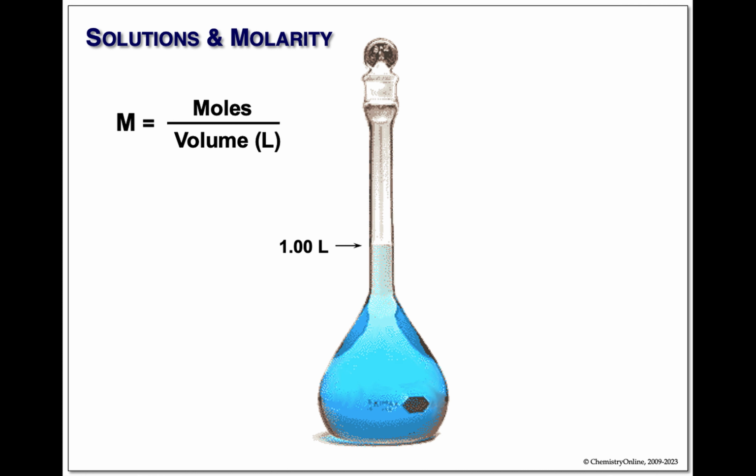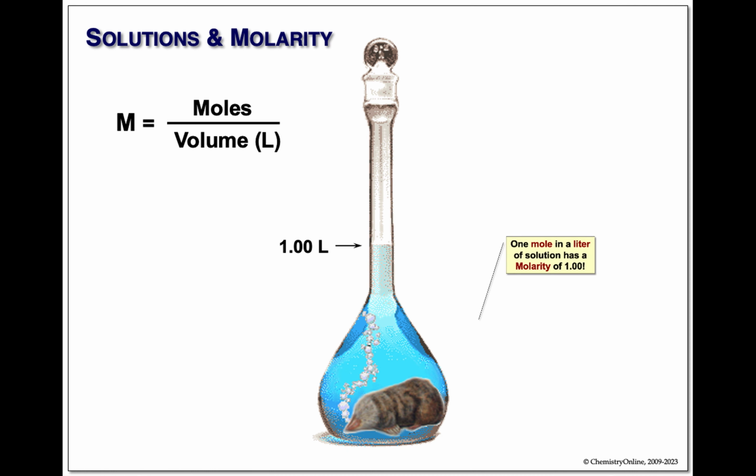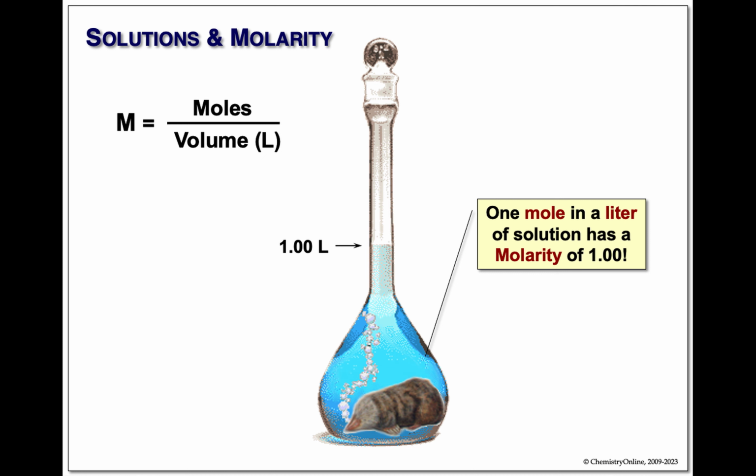They put exactly 1 liter of water in the vessel at exactly 25 degrees, and the volume comes up in the skinny neck here, right at the little edge line. So, if you have a solution here, you now know the volume exactly, right? So we know the volume, we know how many moles we put in there, and molarity is simply 1 mole per liter.